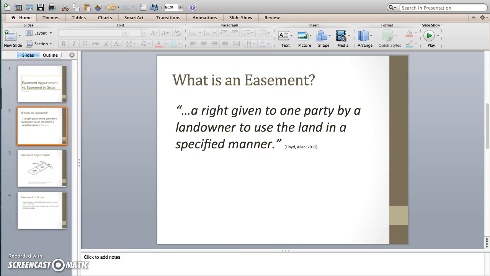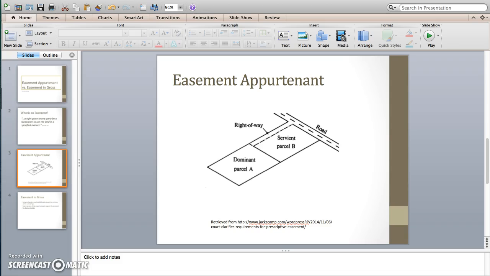But in general, you can understand an easement as a permission given to someone to use your land in a specified manner.